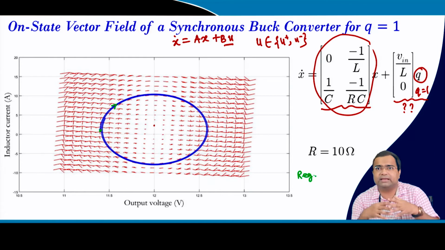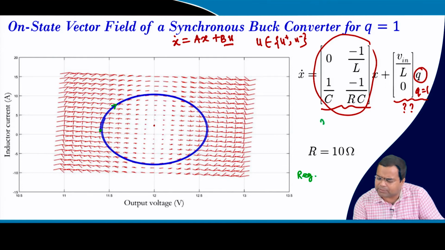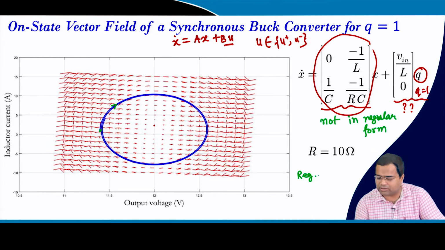So, here it will be an elliptical shape, but since the motion is slowly decreasing, it is called a stable focus. It is not in regular form because it is not in terms of this r. What is the regular form?